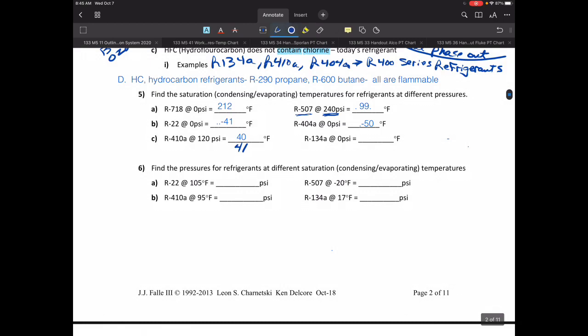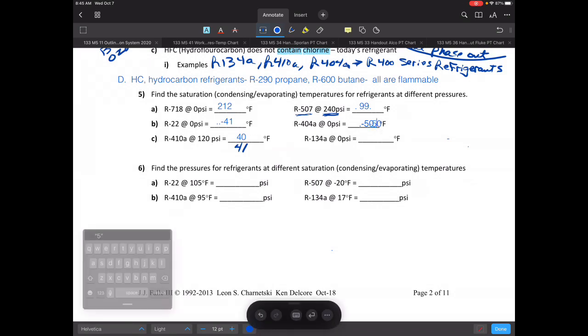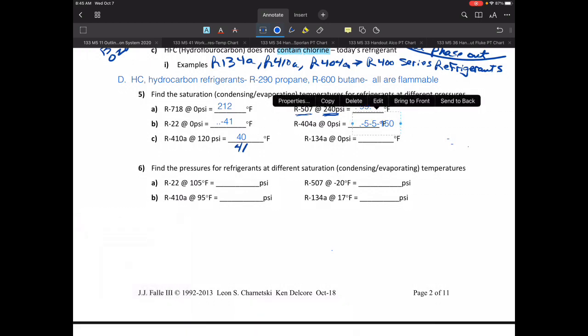So in this case, minus 15. Let's try it this way. Negative 15. Okay. All right, that one didn't work.